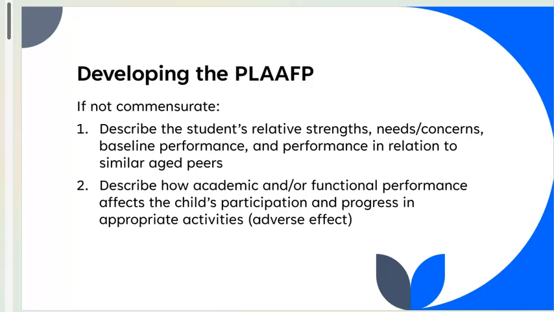So that's the present level of academic and functional performance statement. Again, you want to make sure that you have student strengths, needs, how the student is currently performing using that evaluation data or RTI data, and how you would expect them to perform at this age. And then you always have to have that statement of adverse effect.